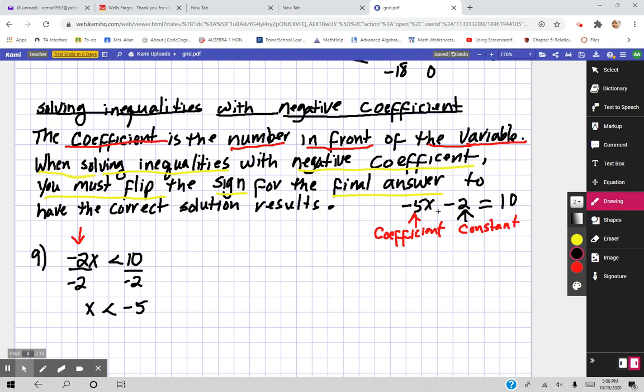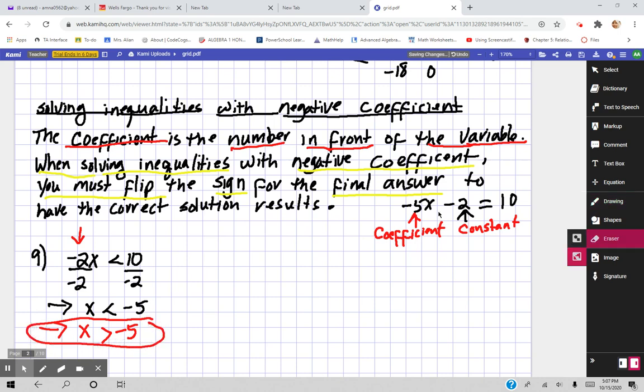However, I just explained that the final answer, if we are multiplying or dividing by a negative coefficient, we have to flip our sign. So the final answer should be x is greater than -5. I think this looks confusing with this arrow. There, that should be the final answer.